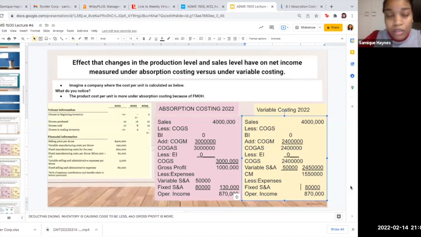Did I do something wrong? I intentionally put the template wrong so that people can see that it's not going to look the same as the absorption costing. There are some changes, right? So is everything okay or is something wrong?